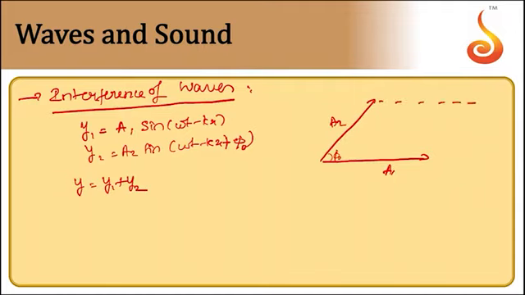So clearly I can make use of the parallelogram law to find the resultant, and the resultant wave is of amplitude A as given by this equation, or this diagram.